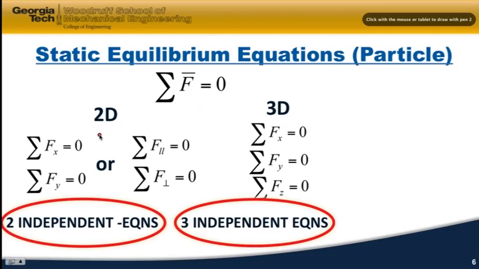And so in 2 dimensions, we can break that down into scalar equations for 2 orthogonal directions. We might use x and y coordinates, or we might use parallel and perpendicular components. But we'll only come up with 2 independent equations in that case. In 3 dimensions, we'll have 3 independent equations, a balance of forces in the x and the y and the z direction.